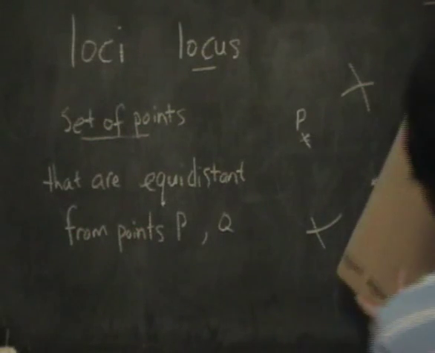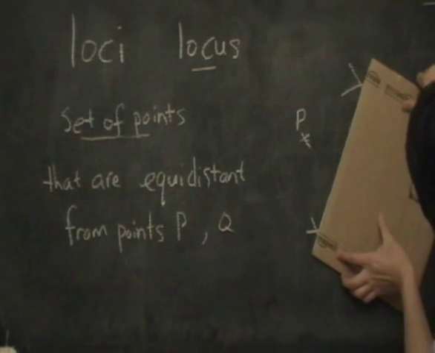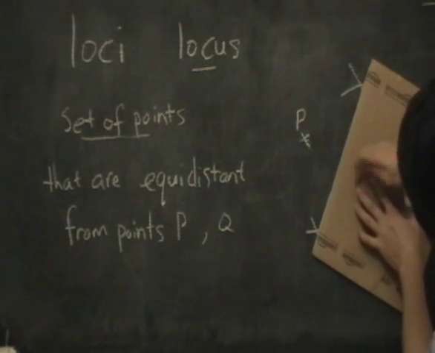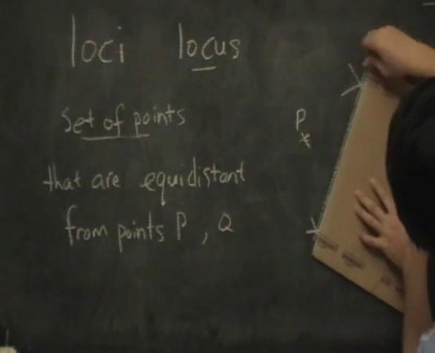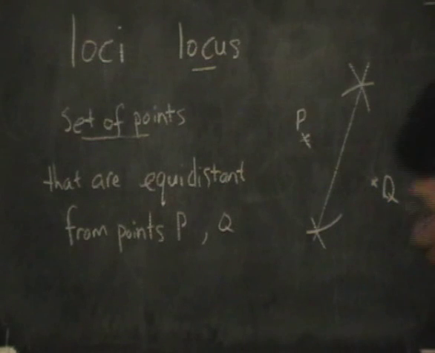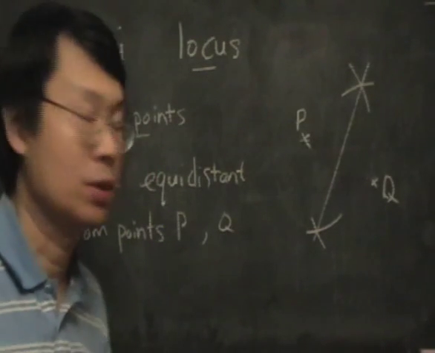So put this along the two points from the arc. Draw straight lines through them, and then we have our locus.